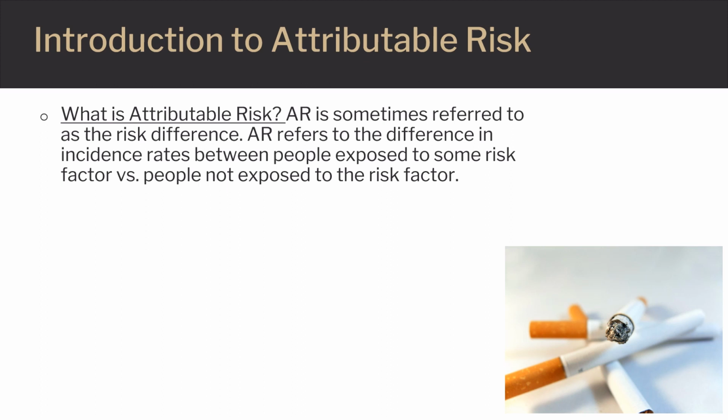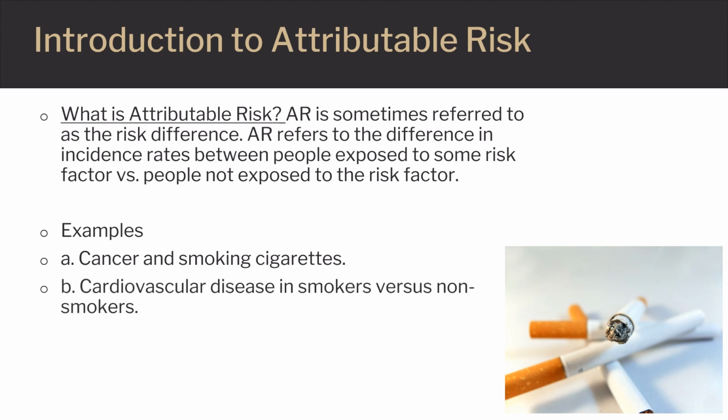Attributable risk is sometimes referred to as the risk difference. It refers to the difference in incidence rates between people exposed to some risk factor versus people who are not exposed to the risk factor. Examples commonly cited are cancer and smoking cigarettes, and cardiovascular disease in smokers versus non-smokers.